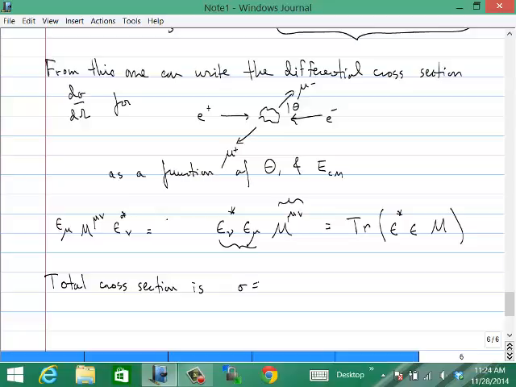That's the integral over all solid angles d omega of d sigma over d omega. And it's 4 pi alpha squared, where alpha is 1 over 137, the coupling constant of electromagnetism, divided by the center of mass energy squared.